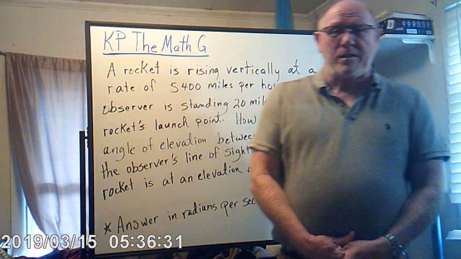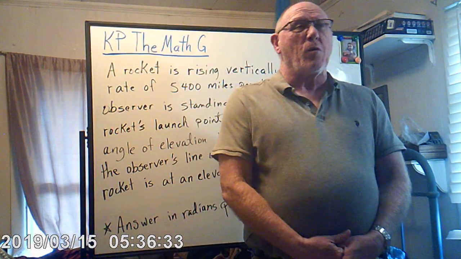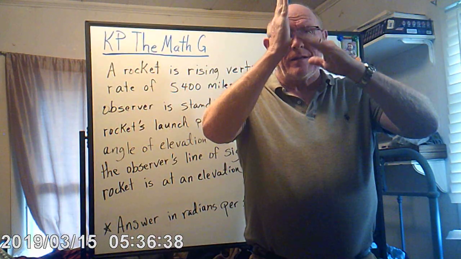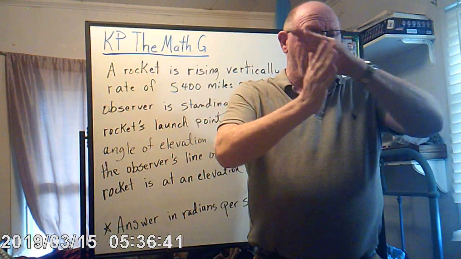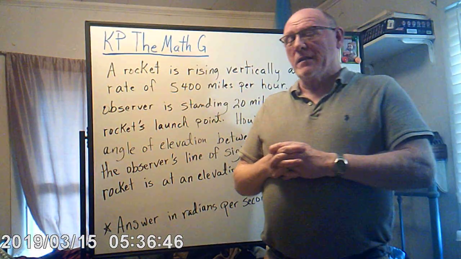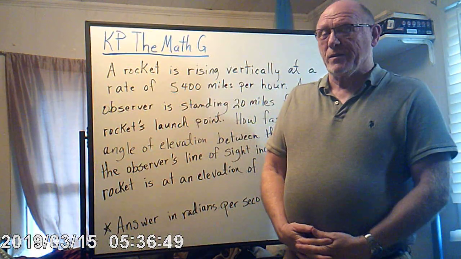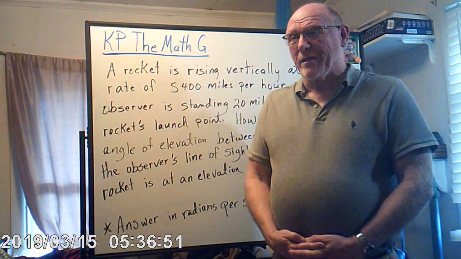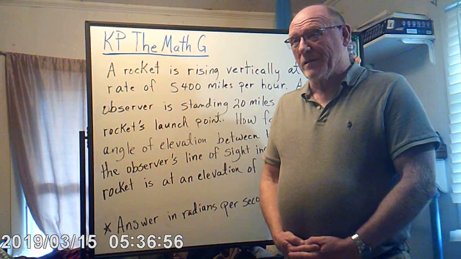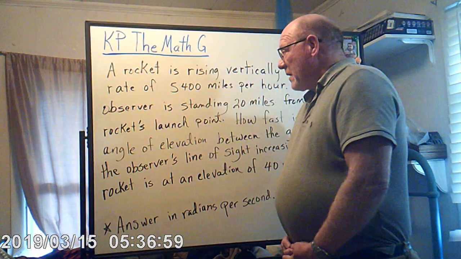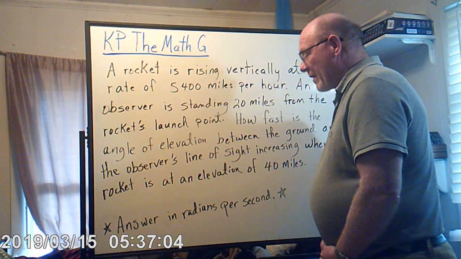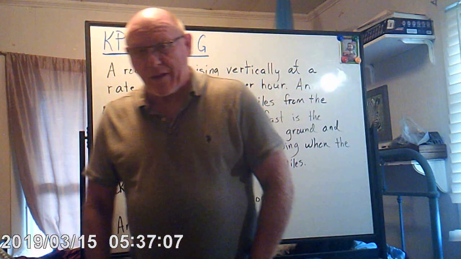You've probably seen the one with the ladder leaning against the wall, sliding down the wall and kicking out. Well, that's the most common one. Sometimes you might have the length of a shadow, and the rate of a shadow lengthening or decreasing. This one is dealing with a rocket, and so we're going to talk about that one.